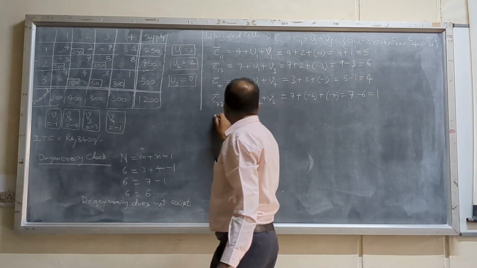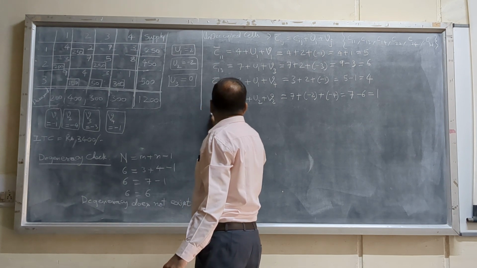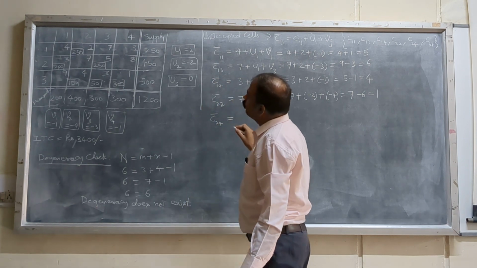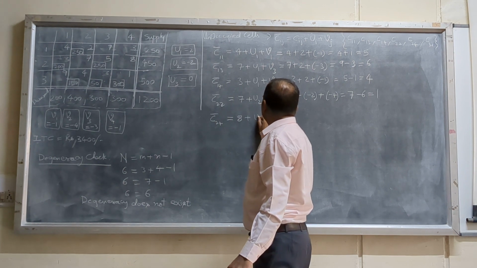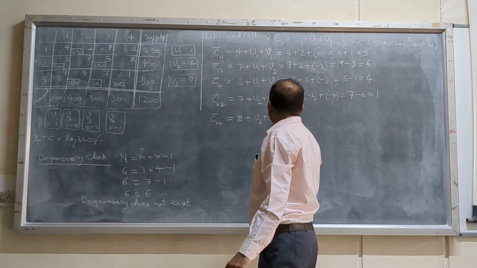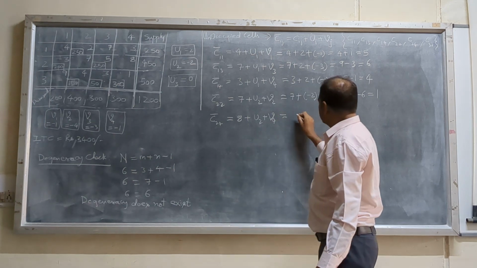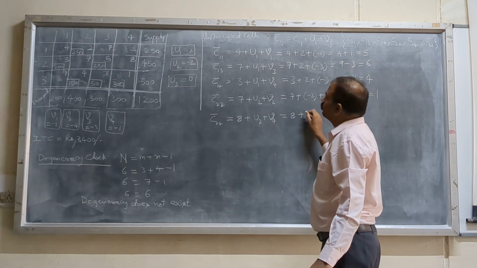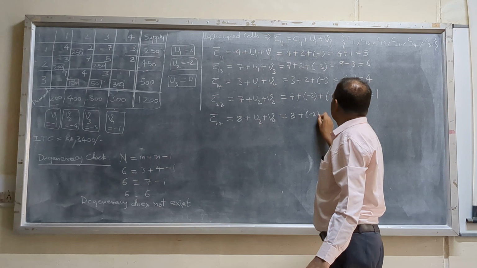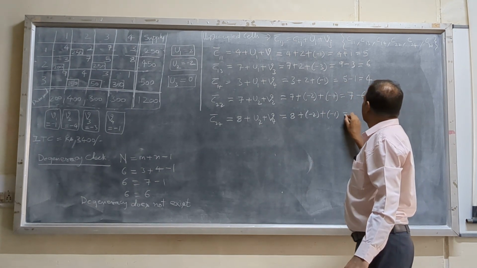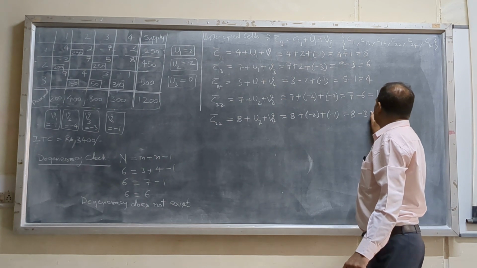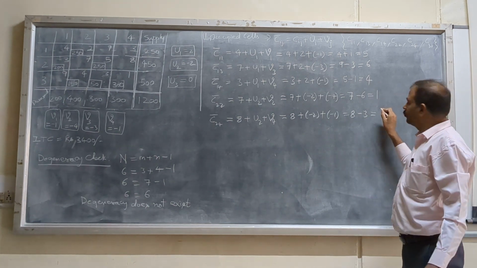Then the next is C24 bar, second row, fourth column, which is 8 plus U2 plus V4, equal to 8 plus minus 2 plus minus 1, which is 8 minus 3, which is equal to 5.